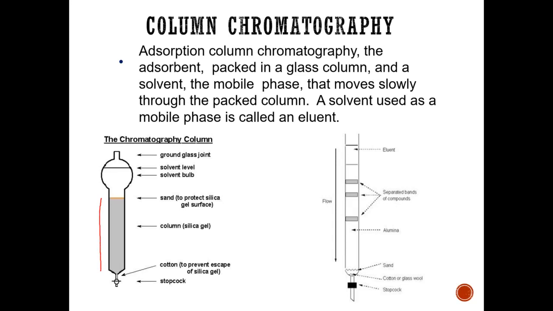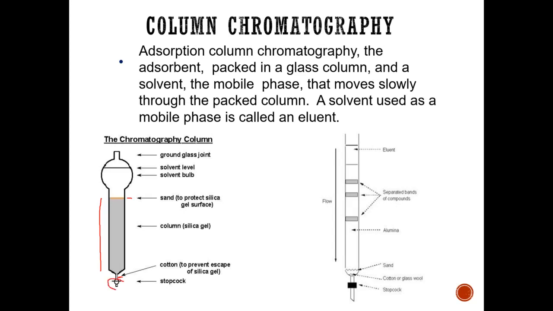Sand or a cotton plug can be applied to protect the silica gel surface. This part is filled with the stationary phase, that is silica gel. Here also a cotton plug is placed to prevent escape of the silica gel.